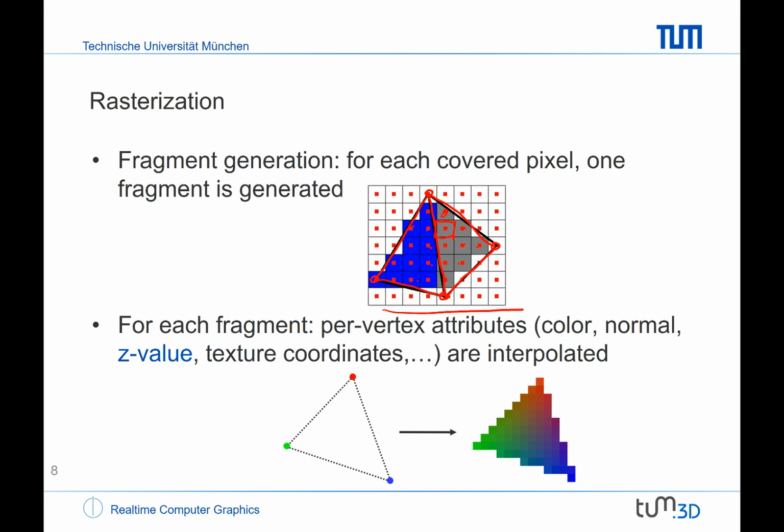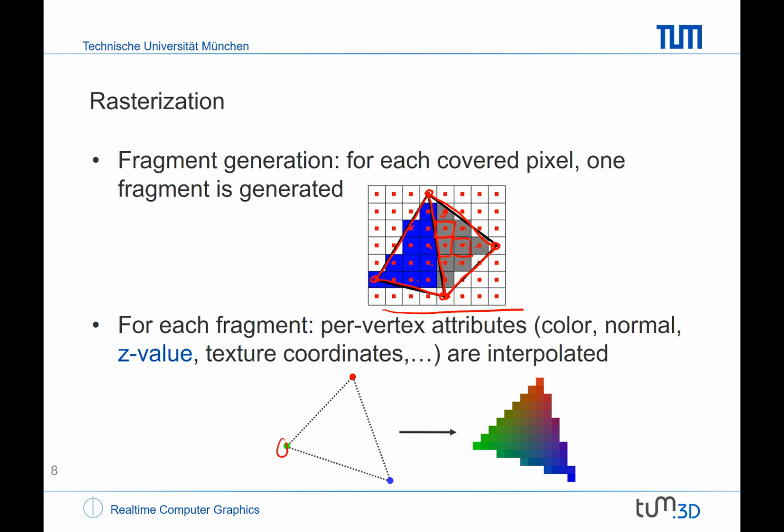Yeah? And now the rasterizer does what we have also done already, by hand, so to say, for each fragment that is now generated for one of the covered pixels. The per vertex attributes, like the color, like the normal, also the Z value that is also interpreted as a per vertex attribute here, or the texture coordinate, are interpolated to these fragments.